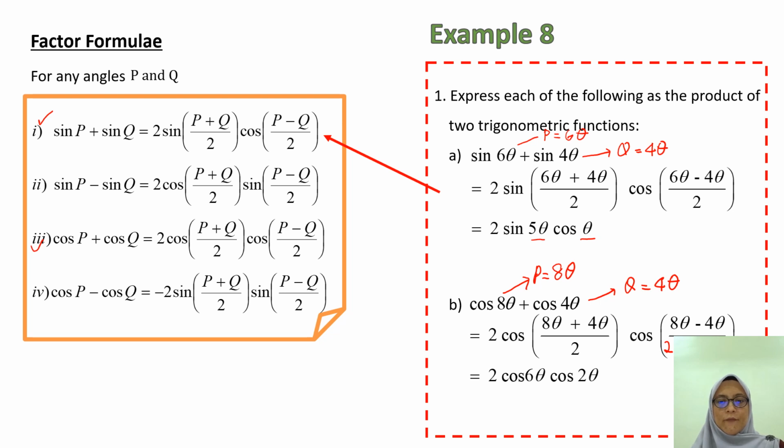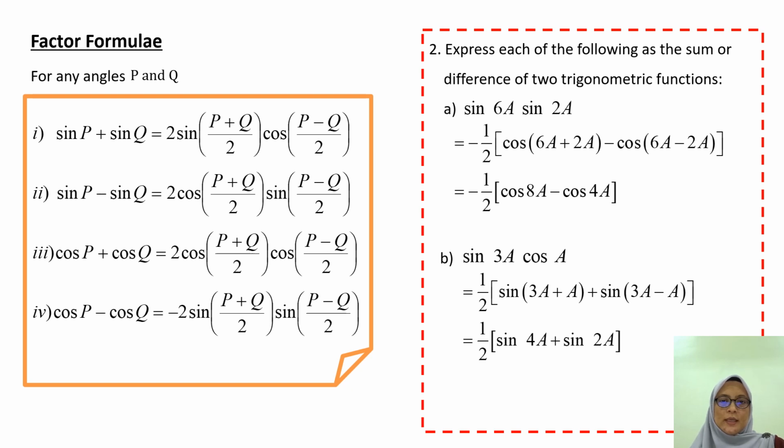By using that formula, you have 2 cos (8 theta plus 4 theta) over 2, you get cos 6 theta. 8 theta minus 4 theta over 2, you get 2 theta. So you have 2 cos 6 theta cos 2 theta. Okay, so that is for cos plus cos.